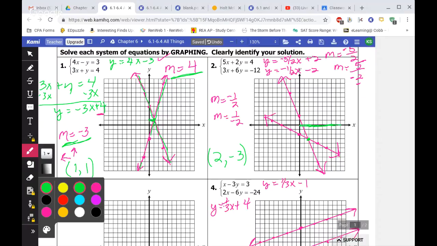This part, this is just like a number line. And this is like your 0 point on your number line. So on your x-axis, all of these numbers over here to the right are positive. All of these numbers over here to the left are negative. Just like a number line.